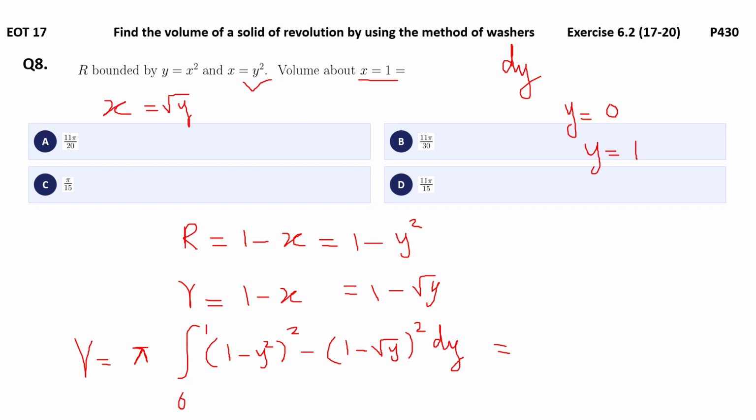So when you enter it in the calculator, you will get 11 pi over 30. If you switch outer radius and inner radius, you would have got negative 11 pi by 30. You will ignore the negative sign. You will take the absolute value. Okay, so the option is B.